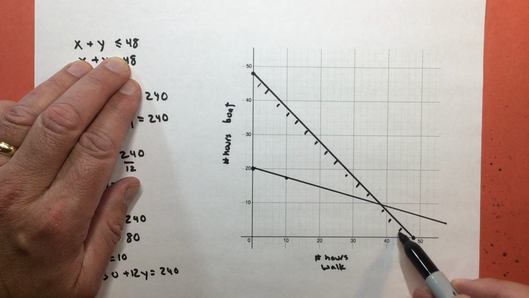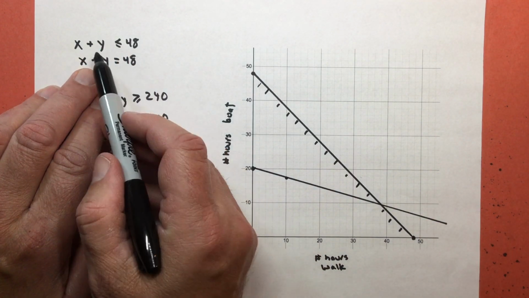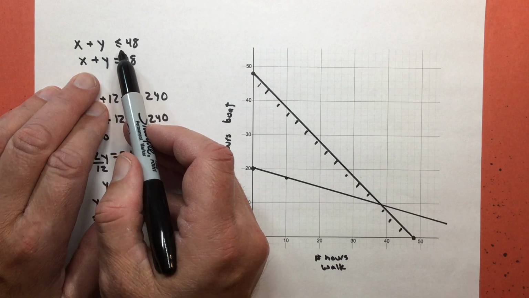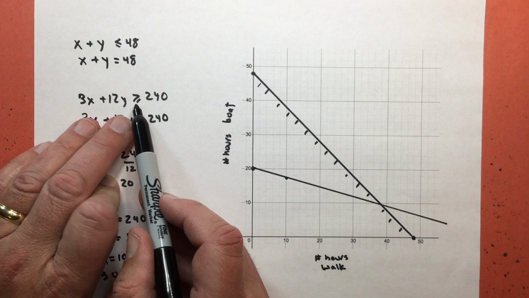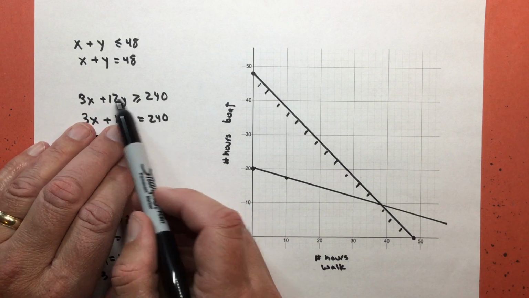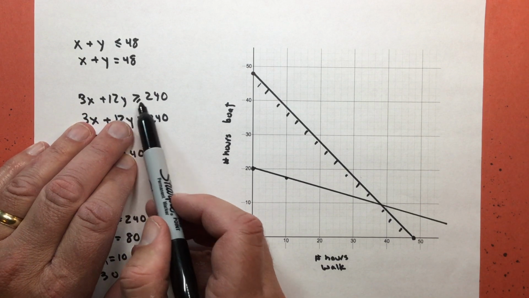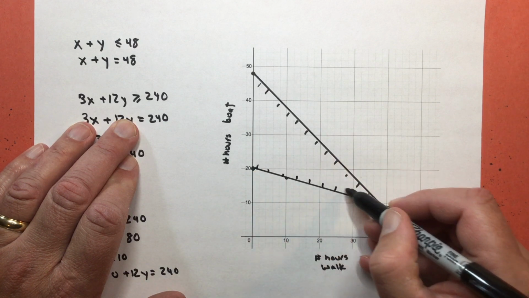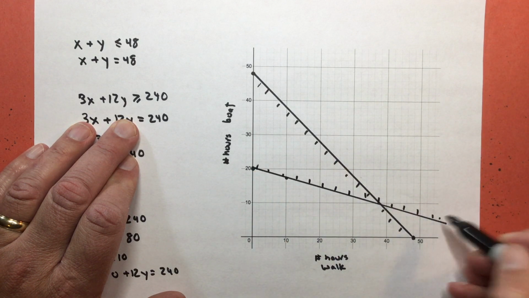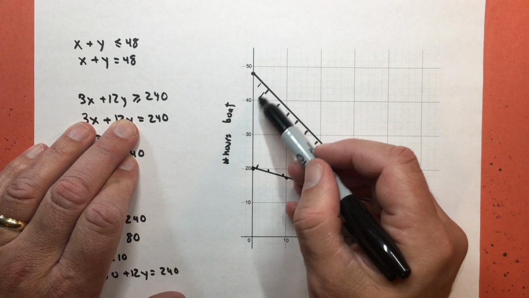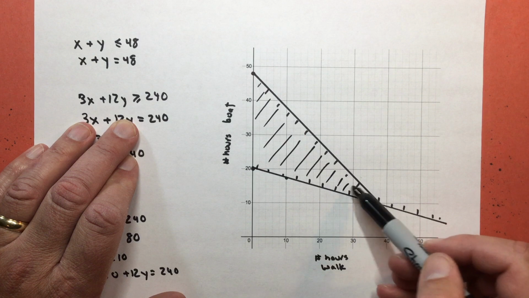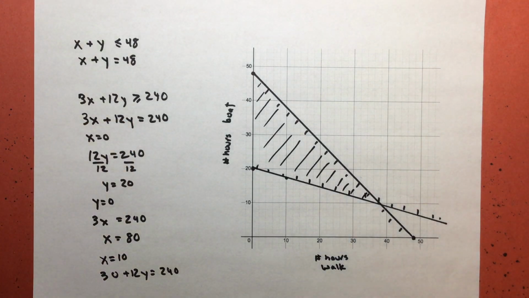I can pick a point on either side, or I can just subtract x from both sides and realize that I've got the less than, so I'm shading below it. For the other one, if I pick points or if I solve for y, I'm going to be shading above it. So this one's going to be like this. And it looks like this area right here is going to be my overlap.